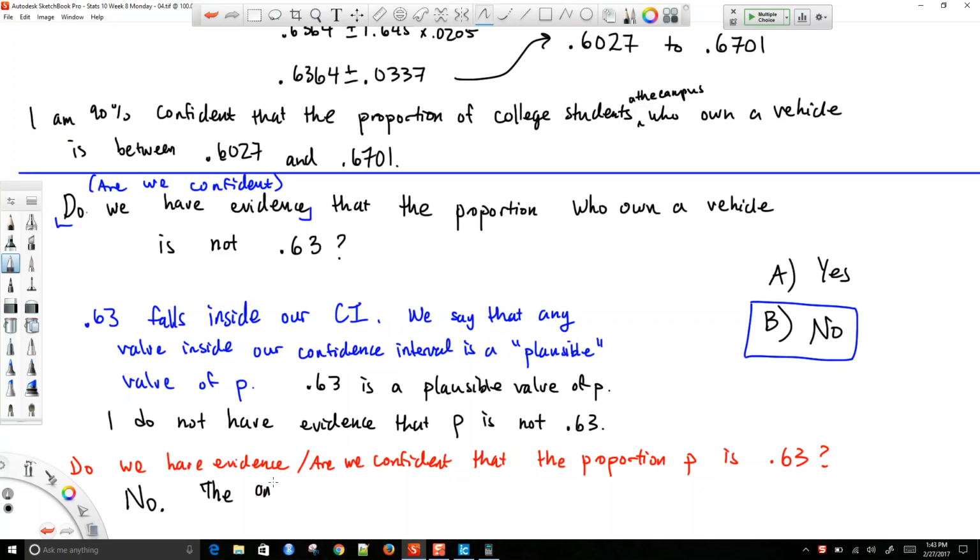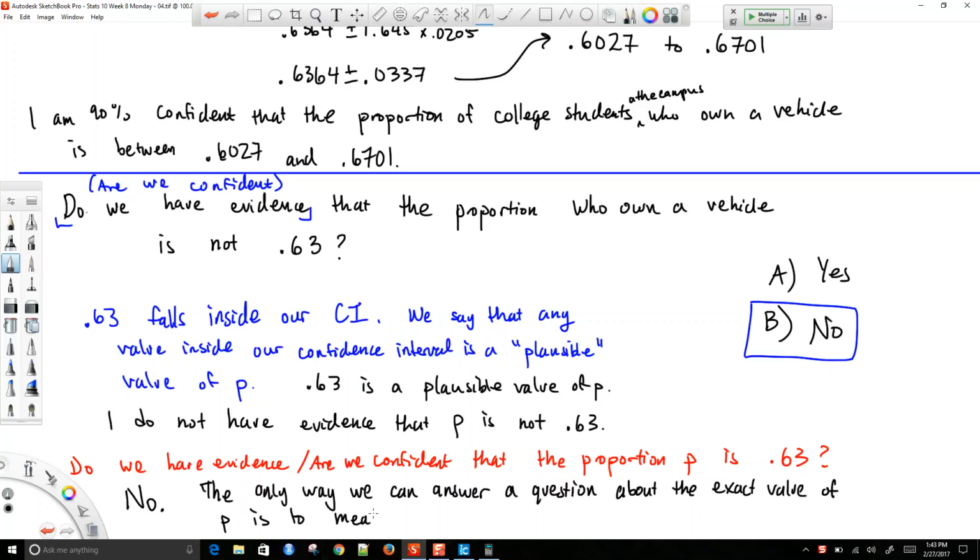So the only way we can answer a question about the exact value of P is to measure the population proportion P exactly.